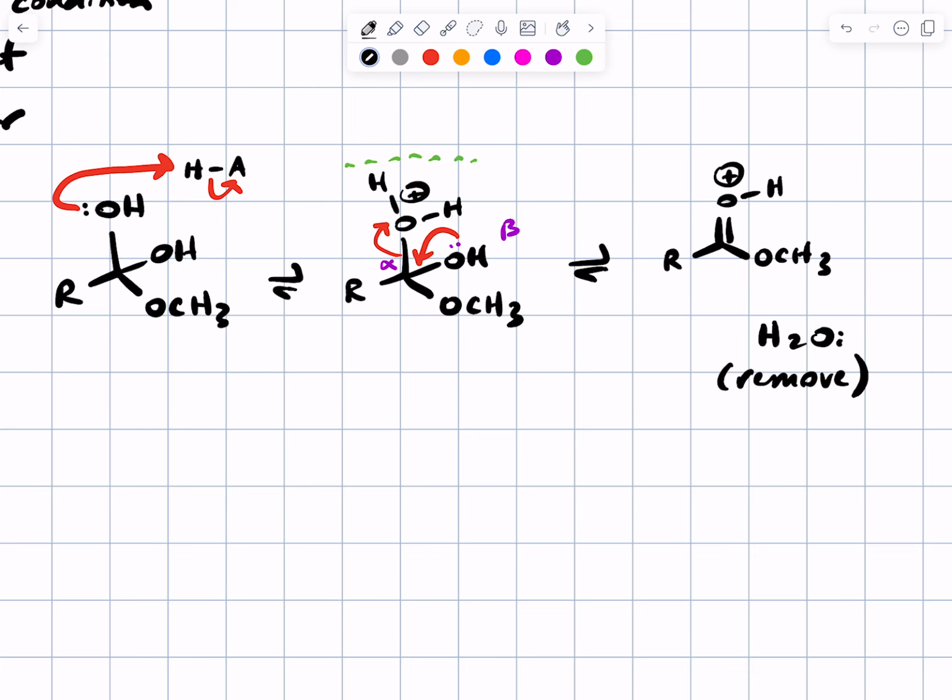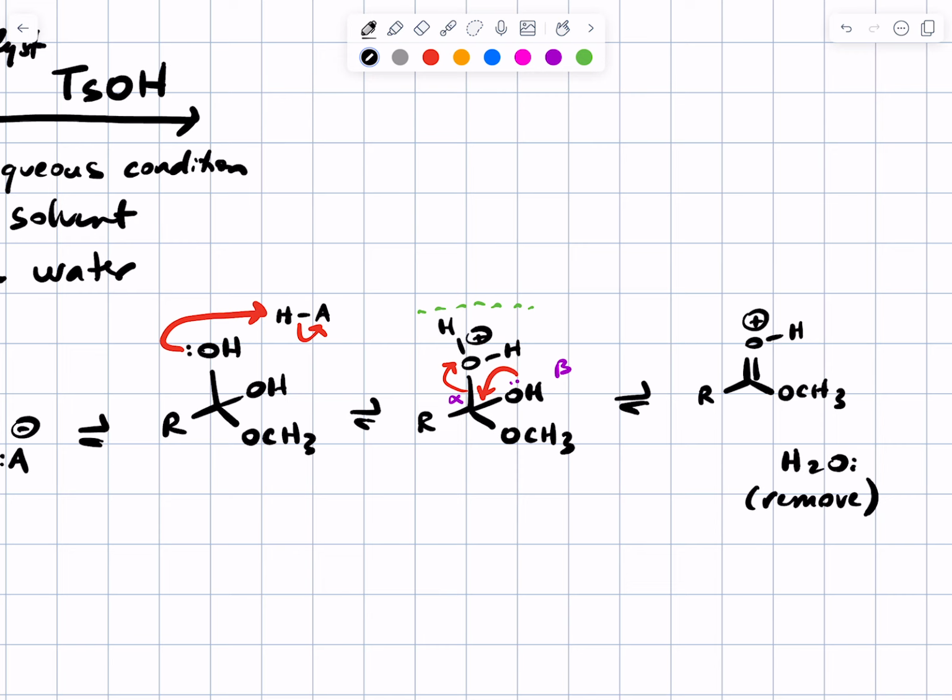Another way is to just use something in the reaction mixture that soaks up water. There are a lot of techniques for doing that experimentally, which you can learn about another time if you ever do this. But by removing water, by Le Chatelier's principle, we lower the rate of the backwards reaction and cause the reaction to move forward.